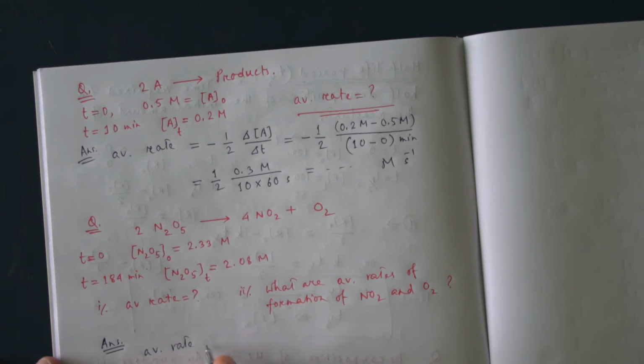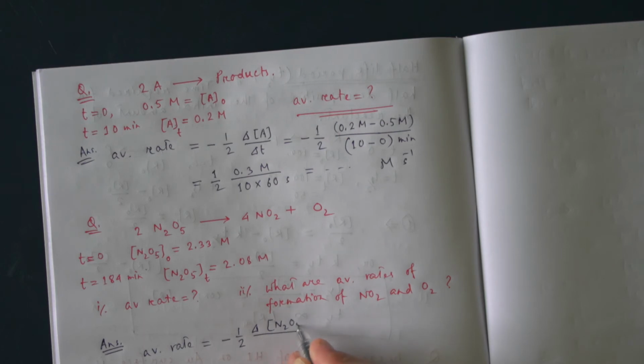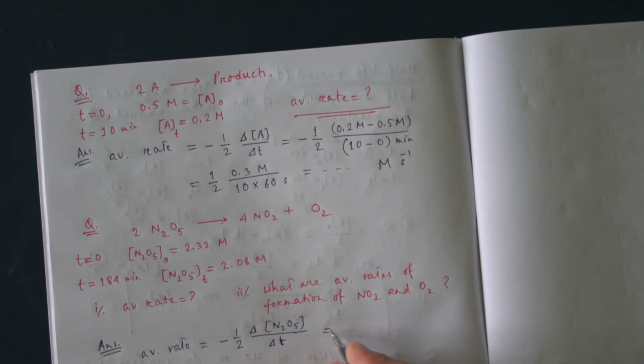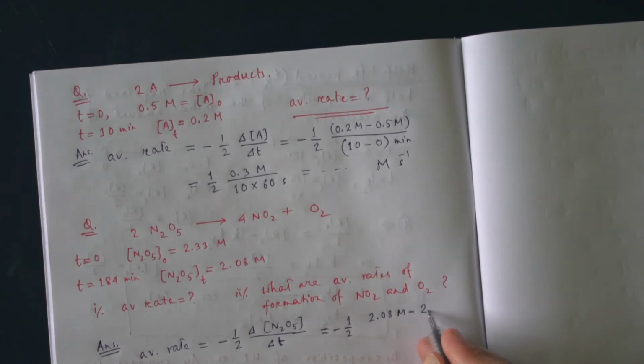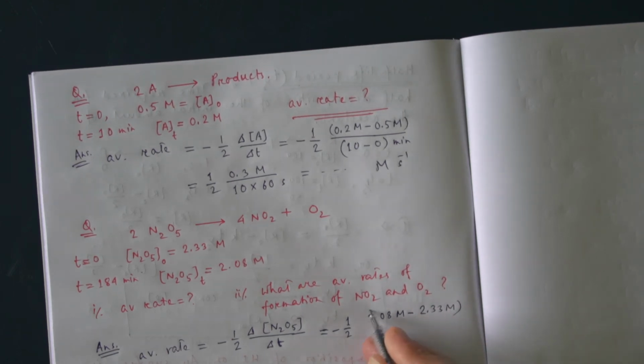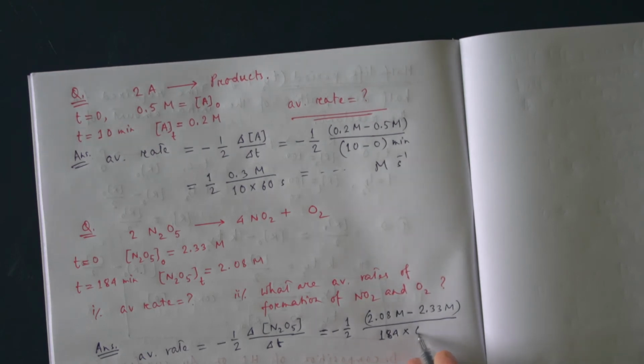Average rate equal to, again 2, so it is minus half del N2O5 del t, okay, and this is equal to minus half, and this is 2.08 molar minus 2.33 molar, and this is 184 into 60 second.